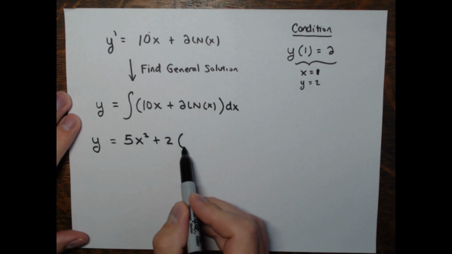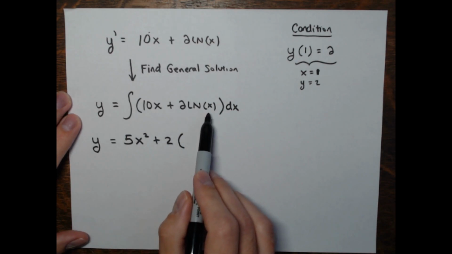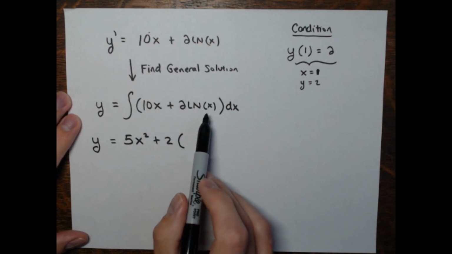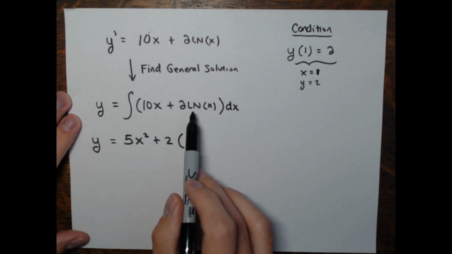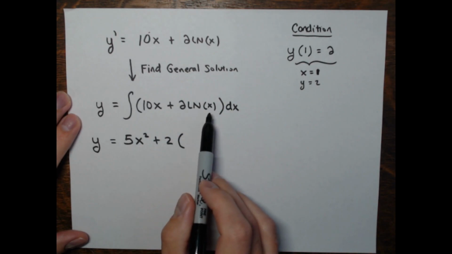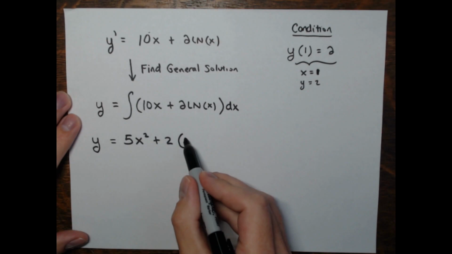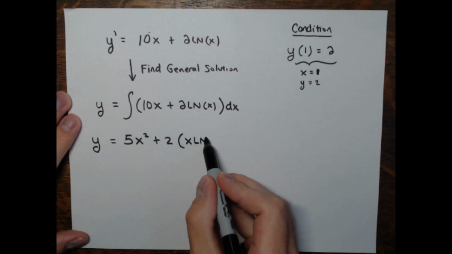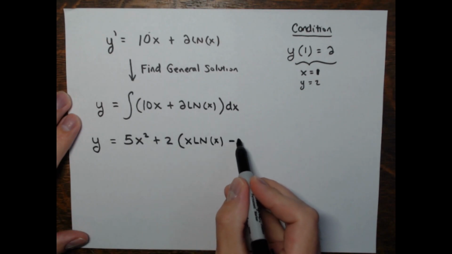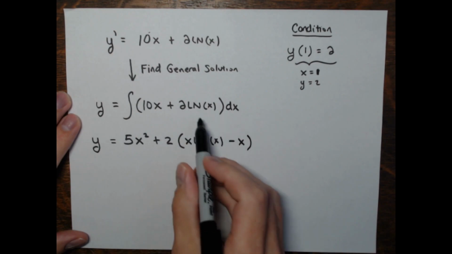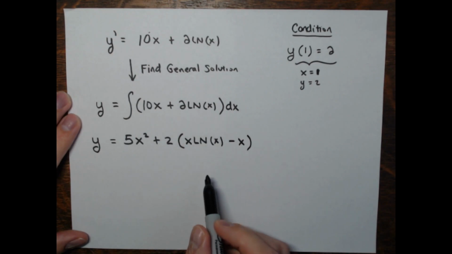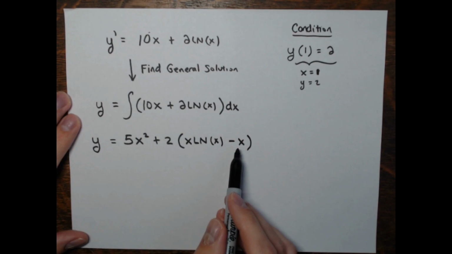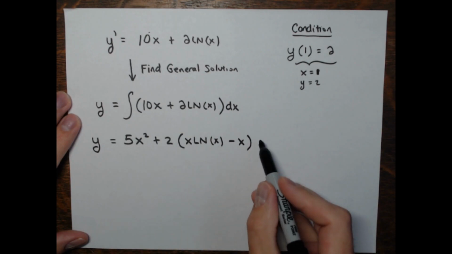plus 2 times, and I put this up in one of the earlier examples in the video. You can also go back to section 3.1 on integration by parts. The integral of the natural log of x is x times the natural log of x minus x. All of that is the antiderivative of the natural log. You can do this by parts if you want, but I just know this off the top of my head, so I'm going to use it.